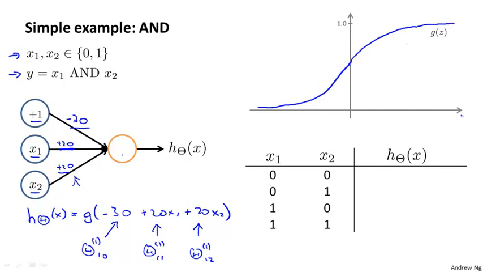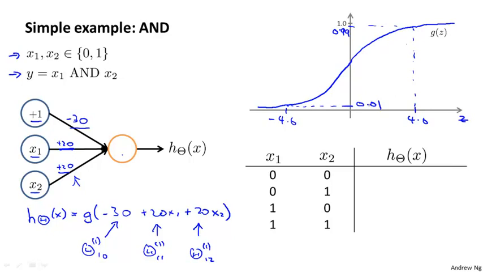To give you some landmarks, if the horizontal axis value z is equal to 4.6, then the sigmoid function is equal to 0.99. This is very close to 1. And kind of symmetrically, if it's negative 4.6, then the sigmoid function there is equal to 0.01. This is very close to 0.